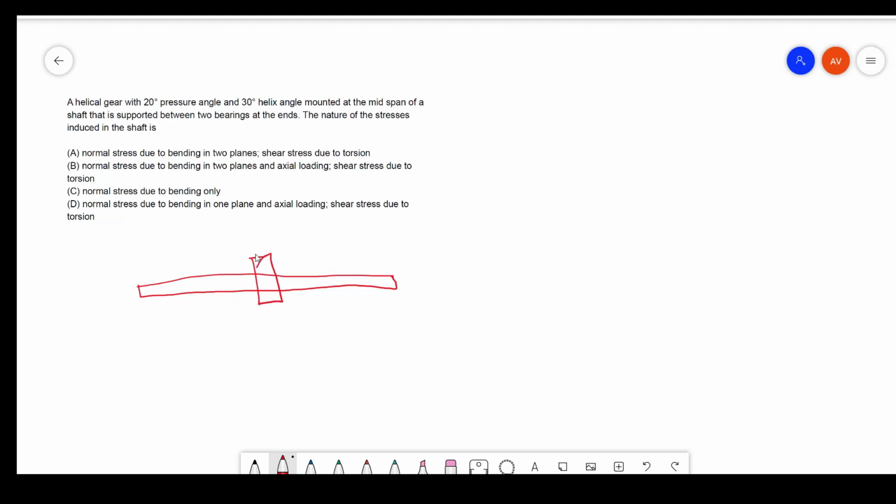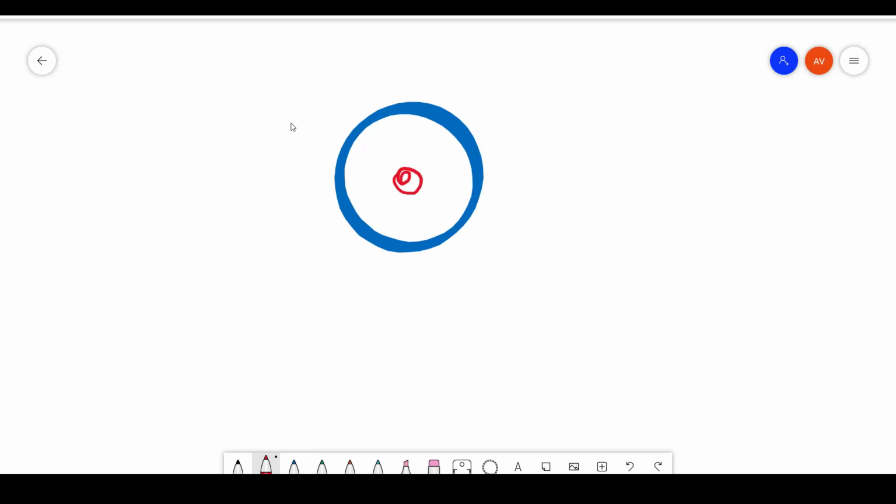Let's say this is my helical gear, and it is being supported at its ends by bearings. So I'm having a helical gear. I'm looking from the side view of the previous view. Let's take this as my shaft.